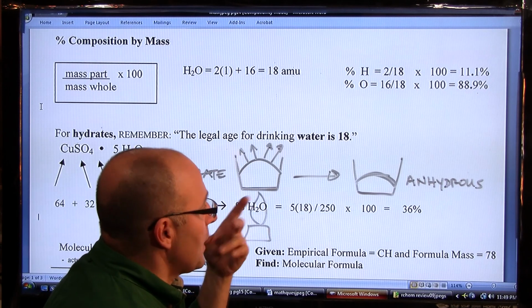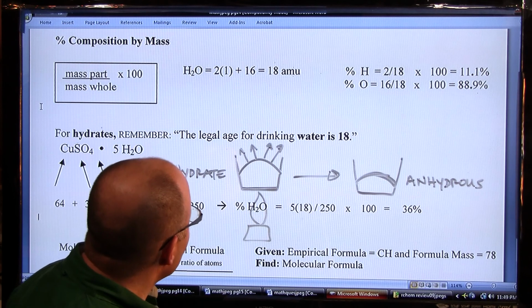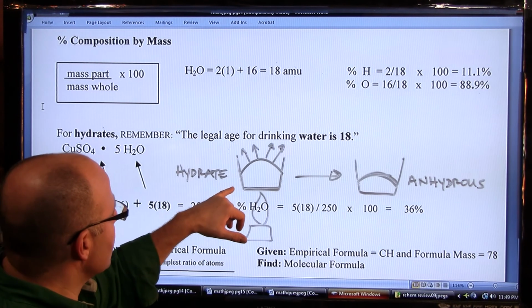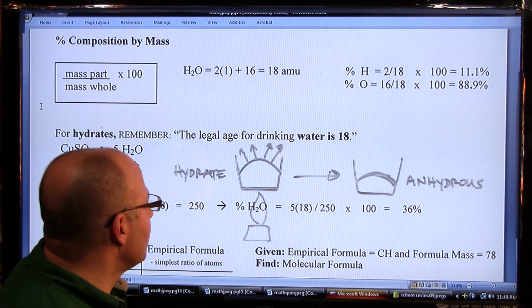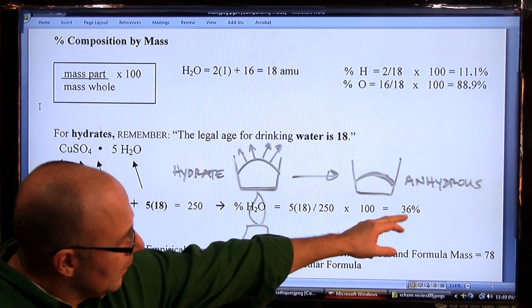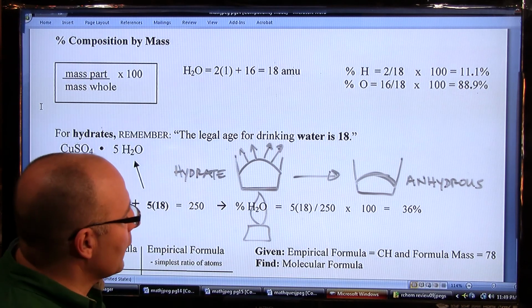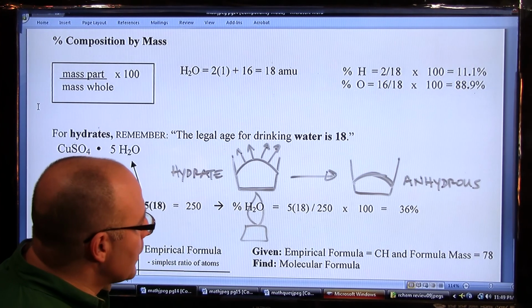And then you could do a percentage that way experimentally, which is the mass of the water lost over the total mass of what you started with times 100. And that should give you experimentally something close to the accepted value of 36%. And you'll see some problems like that also in old Regents exams.